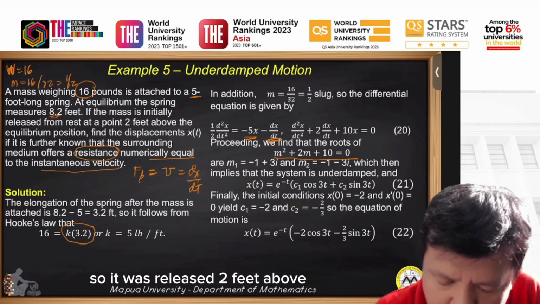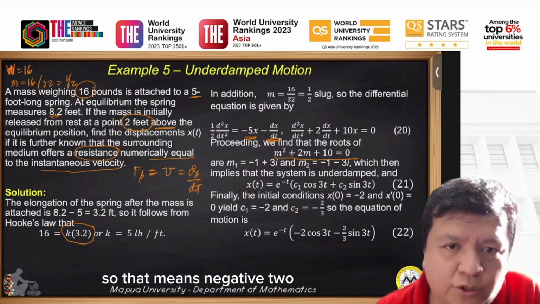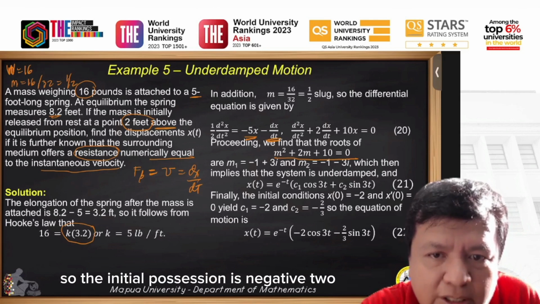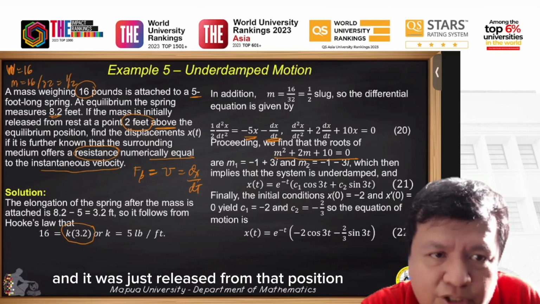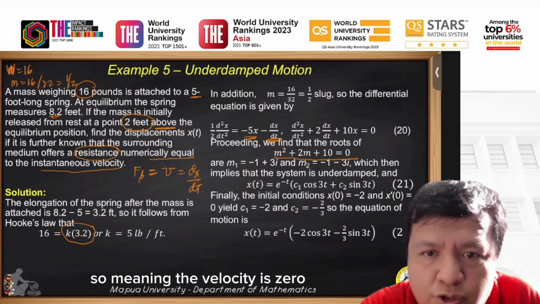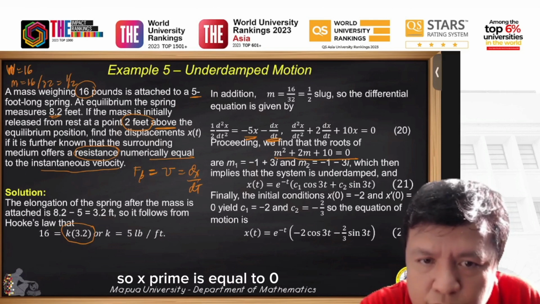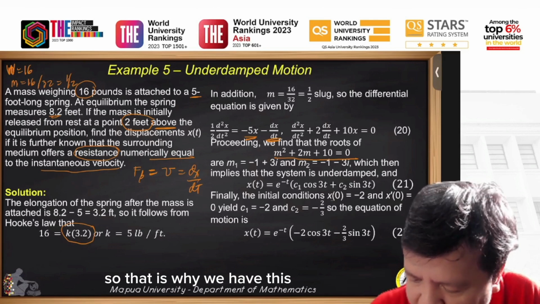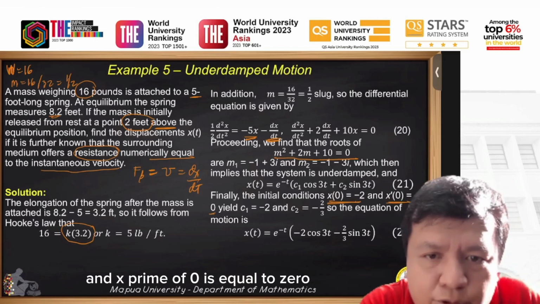It was released 2 feet above the equilibrium position, so that means -2. The initial position is -2, and it was just released from that position with no other information, meaning the velocity is 0, so x prime is equal to 0. That is why x of 0 is -2 and x prime of 0 is 0.